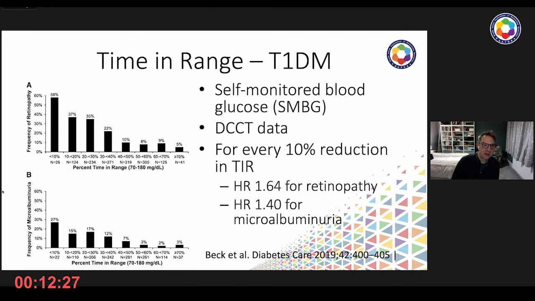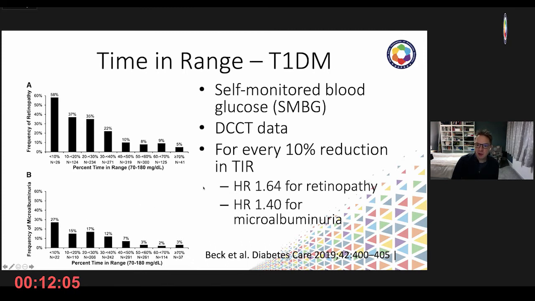And as you can see here in figure A, the less time in range you have, and this is time between 70 and 180, between 3.9 and 10, the greater the frequency of retinopathy. And similarly, the less time in range, the greater the frequency of microalbuminuria in the DCCT participants.